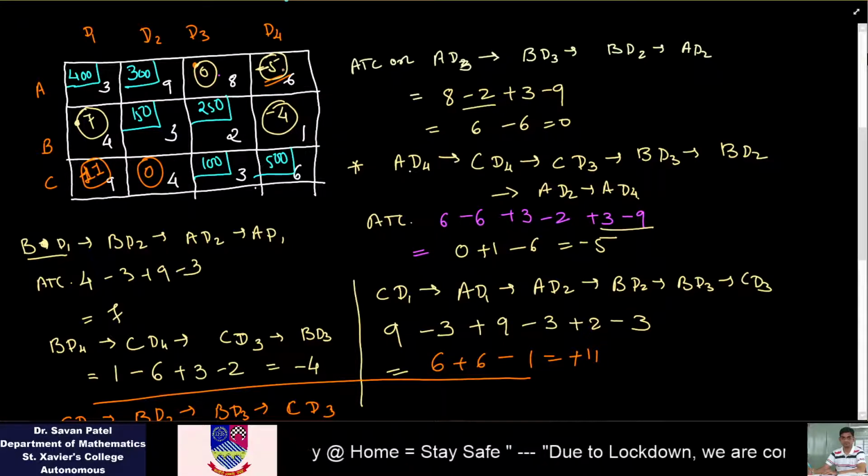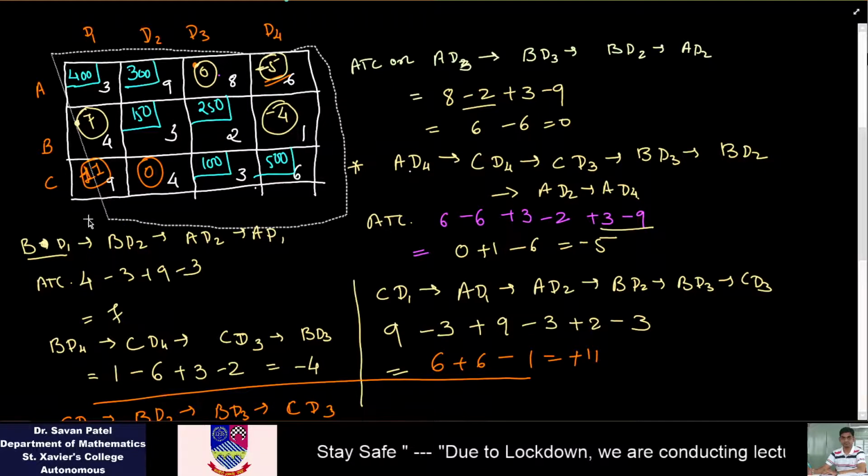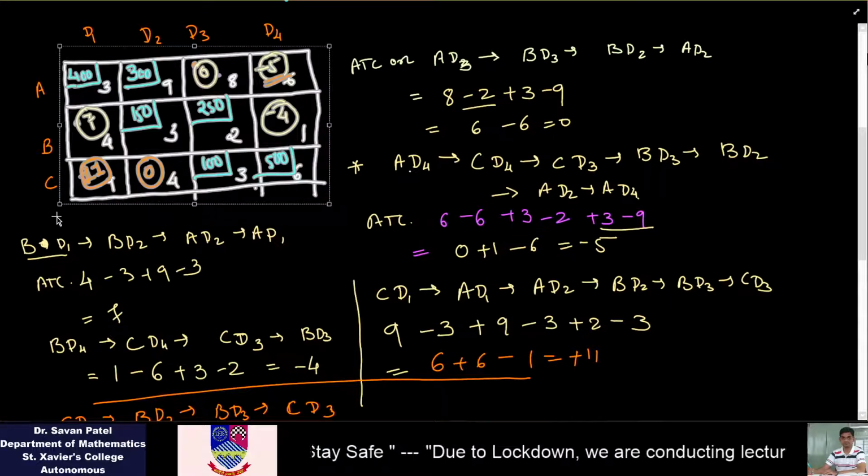But don't you think that this is too lengthy a process to find each and every additional transportation cost? Yes. In that case, we have another method, the modified distribution method, which will help you identify this additional transportation cost directly.